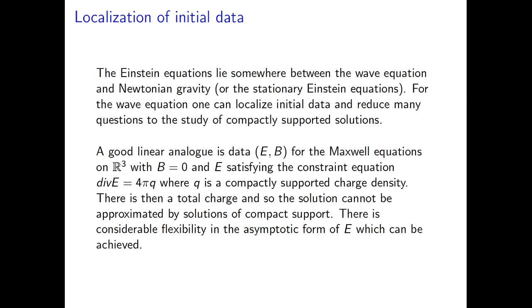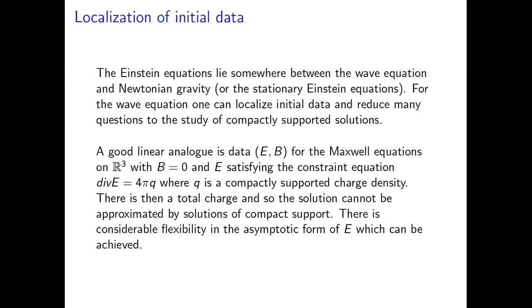If we think of the Maxwell equations, we specify initial electric and magnetic fields, and let's assume B is 0. Then the electric field satisfies the equation div E is 4 pi q, where q is, say, compactly supported. It's a charge density, and in particular, there's a conserved quantity, namely the total charge of the system.